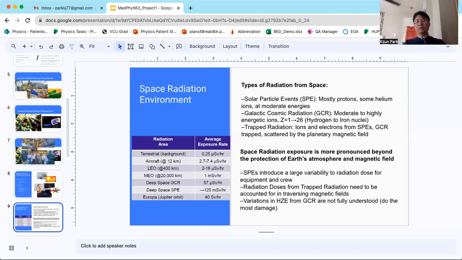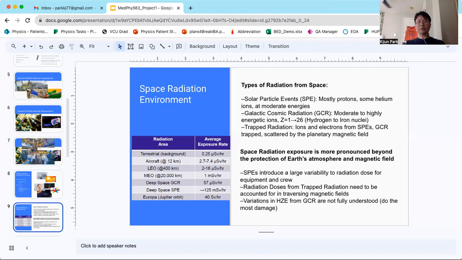Space radiation exposure is more pronounced beyond the protection of the Earth's atmosphere and magnetic field. The SPE and the GCR introduce a very large variety of radiation dose for the equipment or crew, and the radiation dose from the trapped radiation needs to be accounted for when traversing the magnetic field.